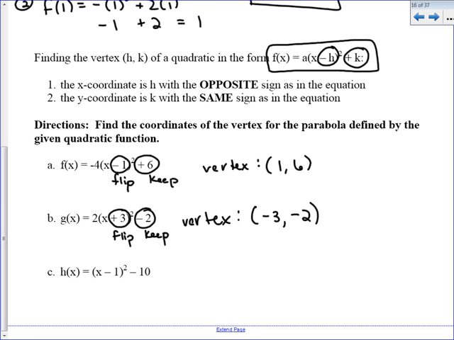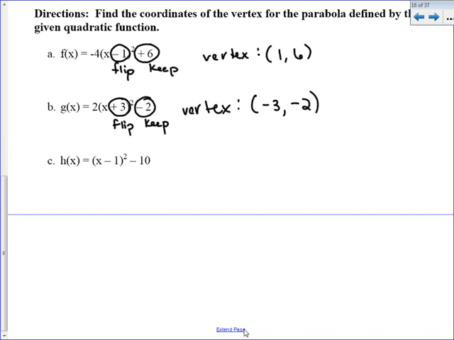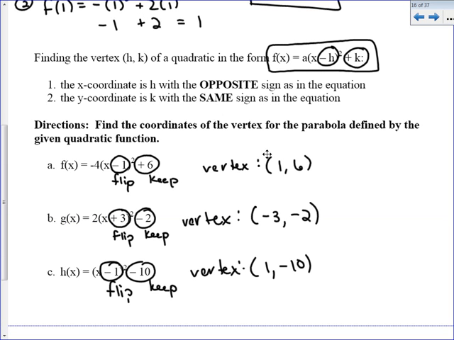So C, what's my vertex? 1, -10. So we flip and we keep. So the vertex is the point +1, -10. So this format is good for the vertex. It gets a little trickier.